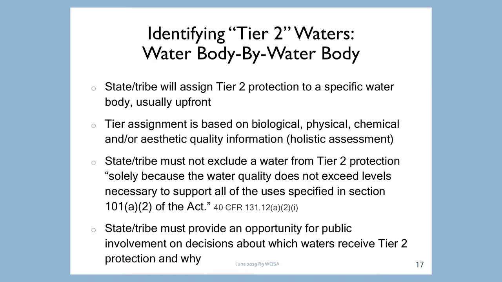What ended up happening during our reg revision, so this was all added when we revised the 131 regs back in 2013 and 2015, is we heard from stakeholders that states were refusing to protect water bodies as a whole using a water body by water body basis purely because the water was impaired for mercury. And that was it.